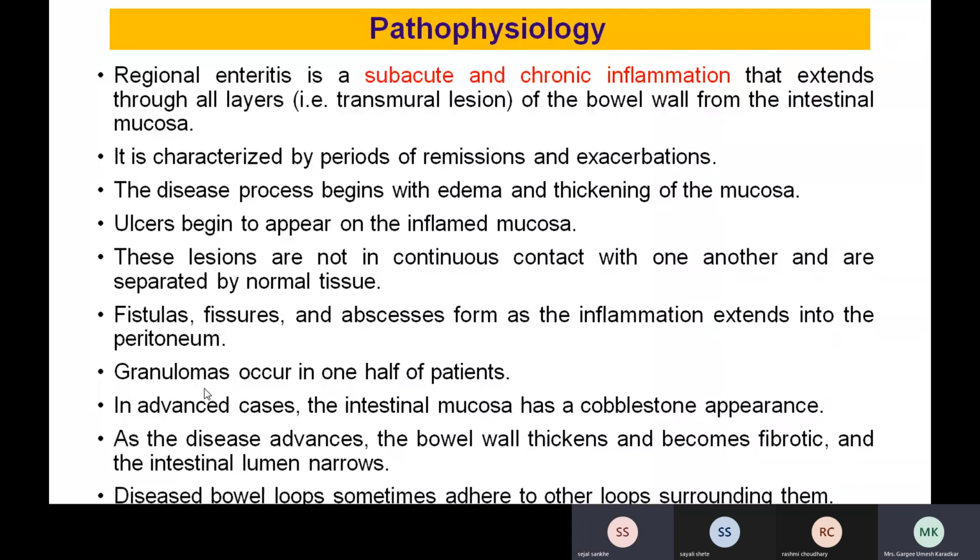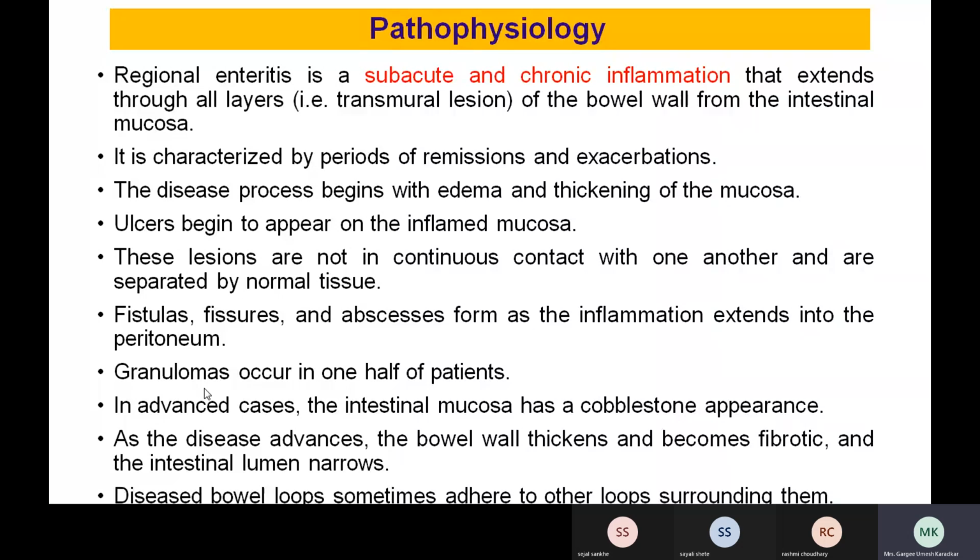The immunodeficiency disease, tuberculosis, granuloma formation, yes. There also there are inflammatory changes. So here also, in the intestine, these changes are occurring.